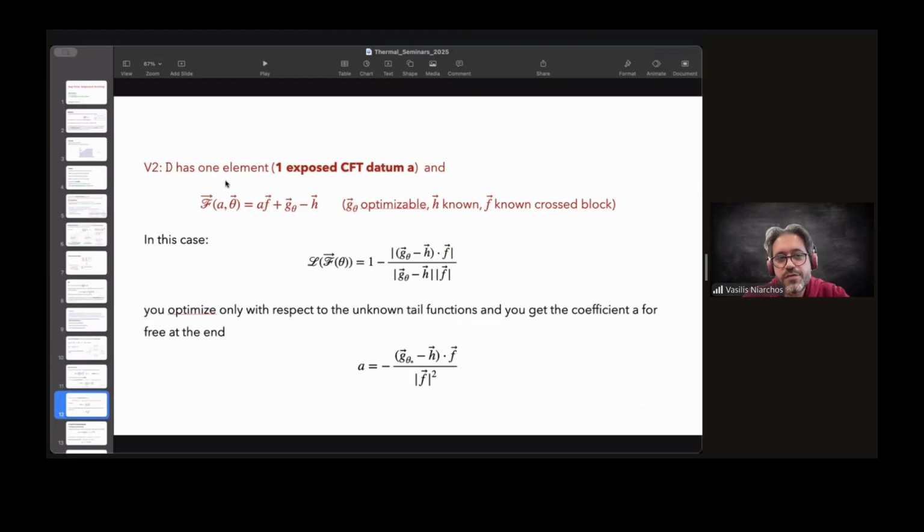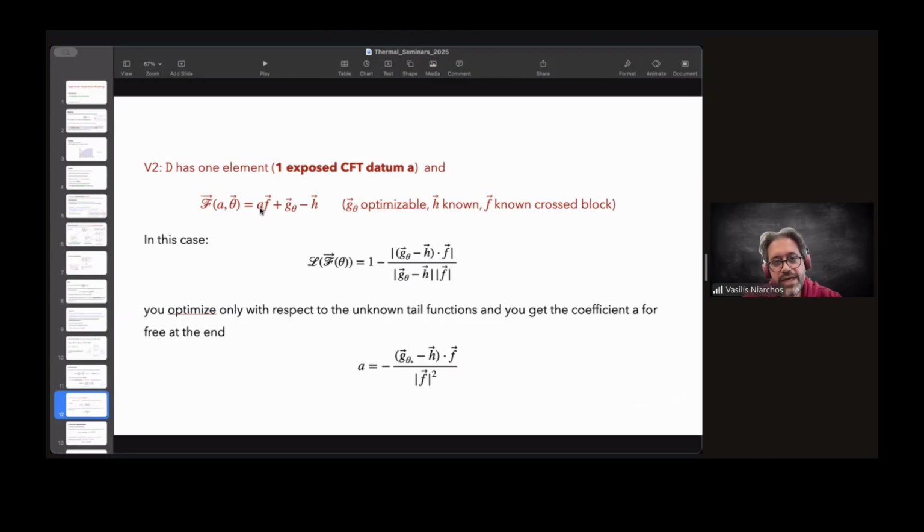In another version of the problem, maybe in the discrete data you're exposing one single low-lying datum, which you want to explicitly compute, and all the rest is put into the tail functions. Then the crossing equation will depend on your unknown datum, anticipating the thermal bootstrap problem where the unknown thermal OP coefficients appear in front as a constant, linearly.